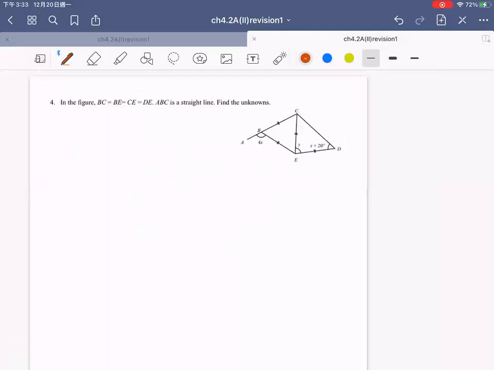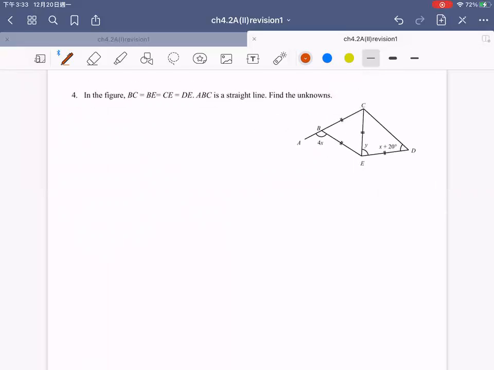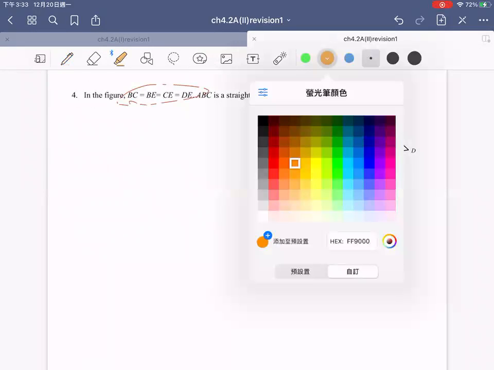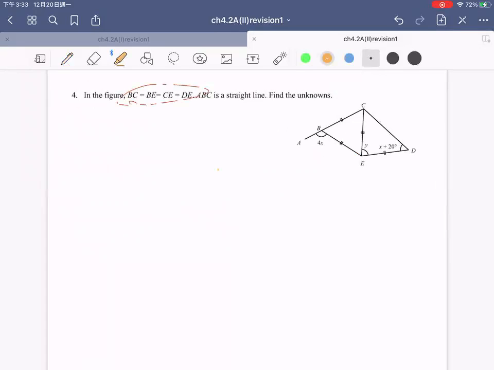Last question. Then check that we have all those given. Mark on the figures, like this one. So we have BC, BE, CE, and DE, right? And then if you have no idea, then you write all those things given.